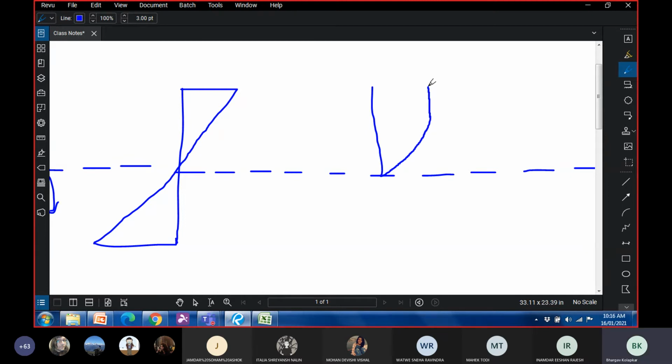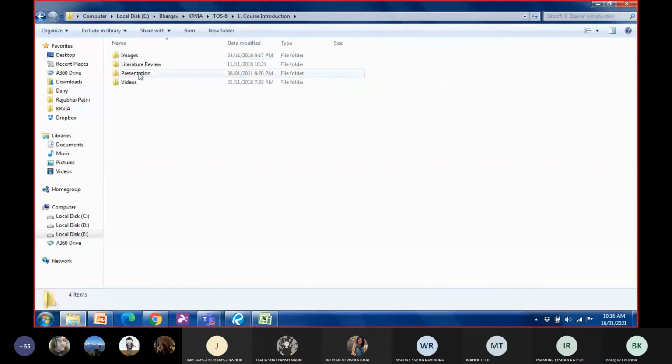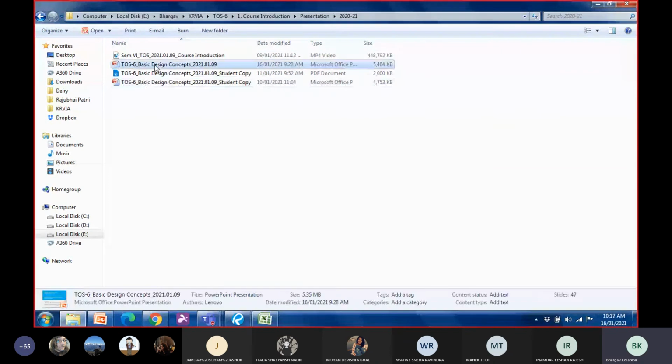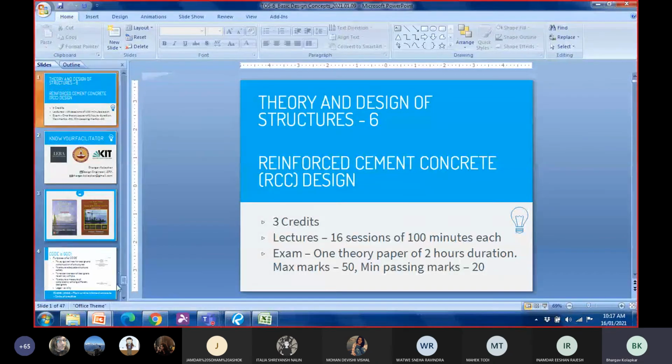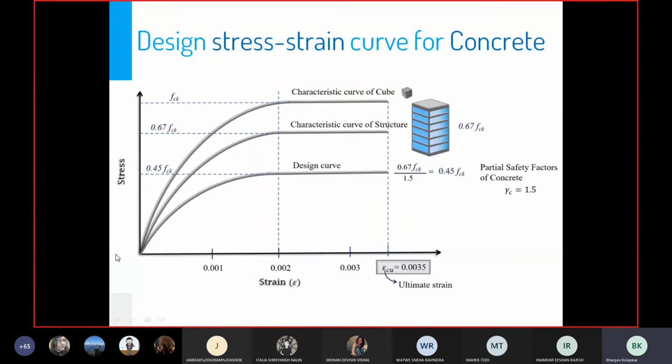So it's a parabola rectangle. To just recall what this parabola rectangle is, so this is a parabola rectangle.